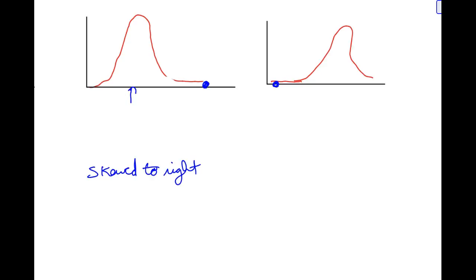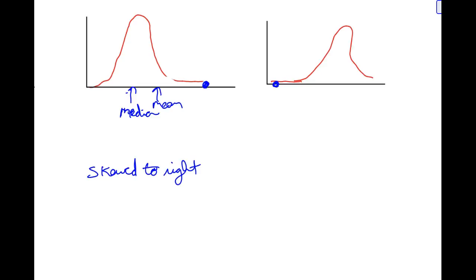Now, your median is still always about the place of your hump in your histogram, because we're looking at where is the middle of those data values. Now, the mean in this case, since I have an extremely high value, that's going to pull my mean up, which indicates that the mean is generally going to be larger or greater than the median when we're talking about a skewed to the right histogram.